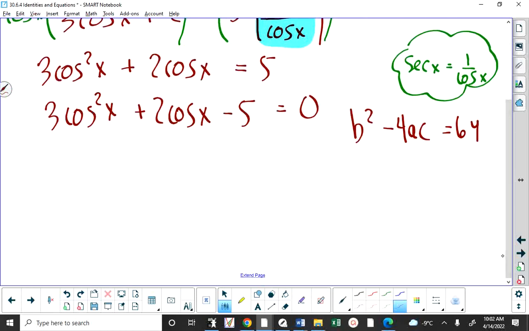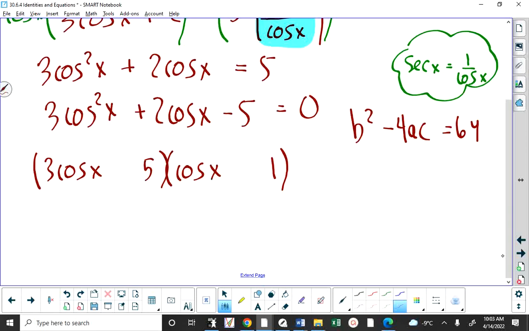The nice thing about factoring this one with trial and error is there's not really too many options. It's got to be 3 cos x and cos x. And the numbers have to be a 5 and a 1, so it's just a matter of playing around with the location of each. With a little bit of thought, you can see the 5 is going to go here and the 1 is going to go there.